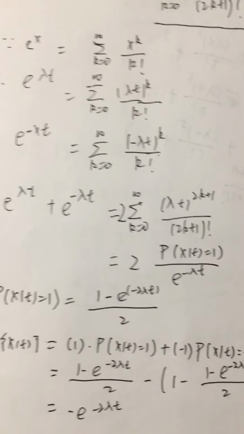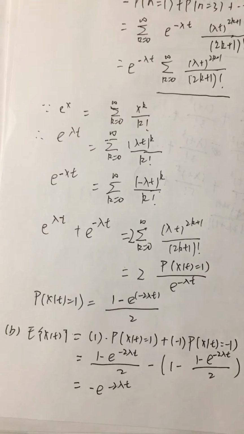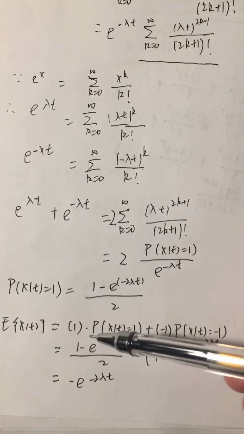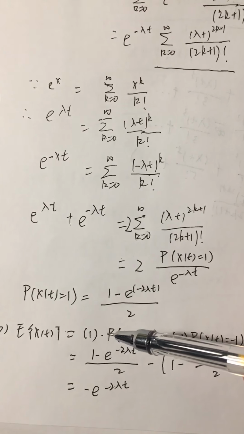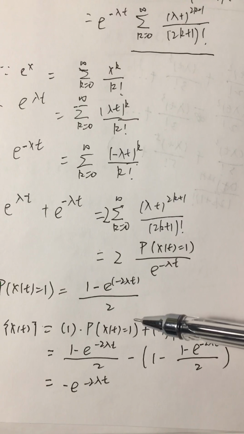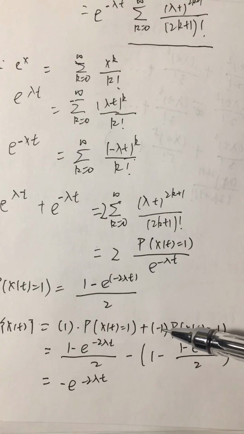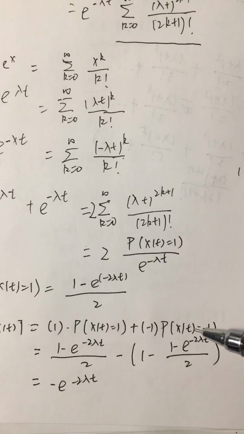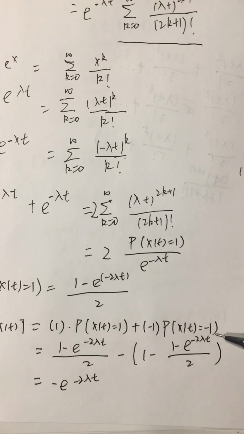And for question B, we want to find the expectation of X(t). This means 1 times the probability of X(t) equals 1, plus minus 1 times the probability of X(t) equals minus 1.